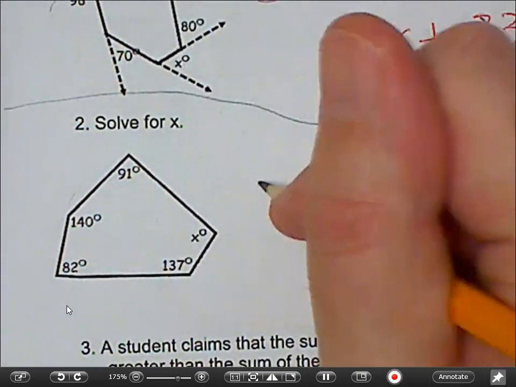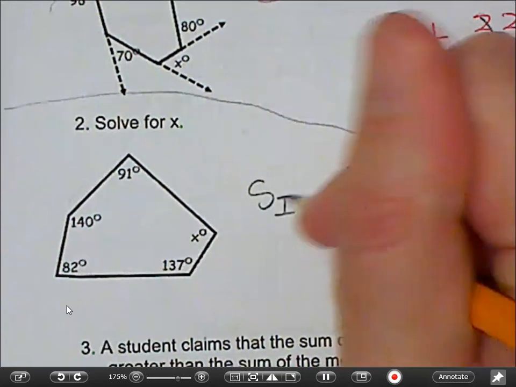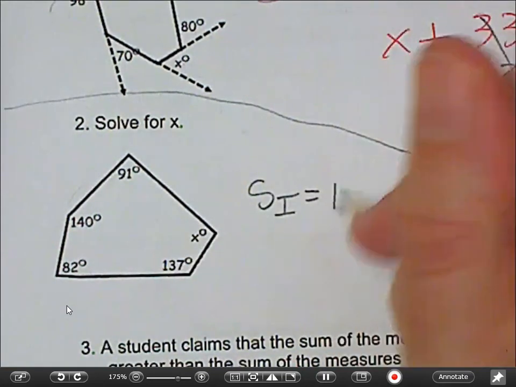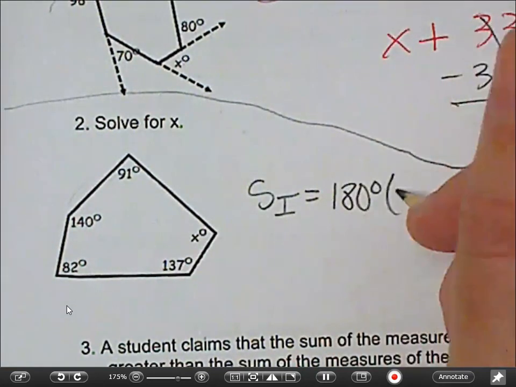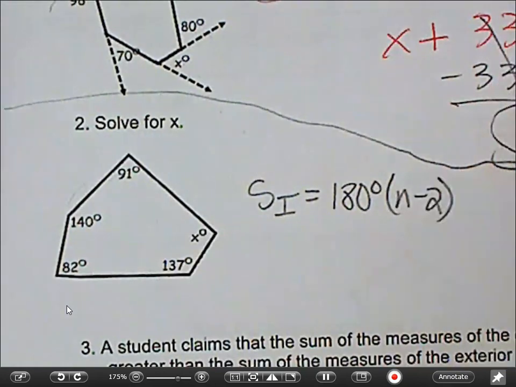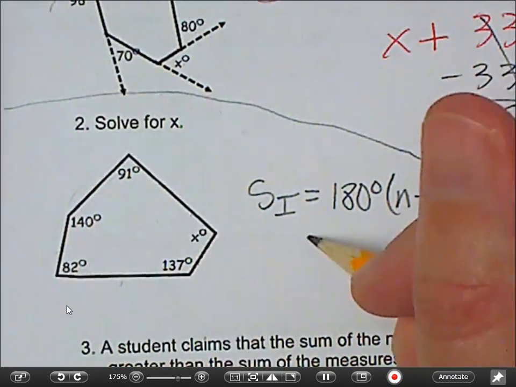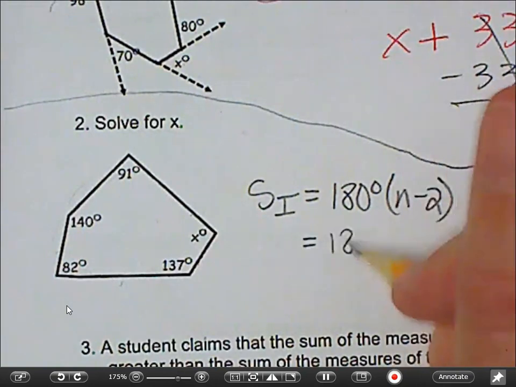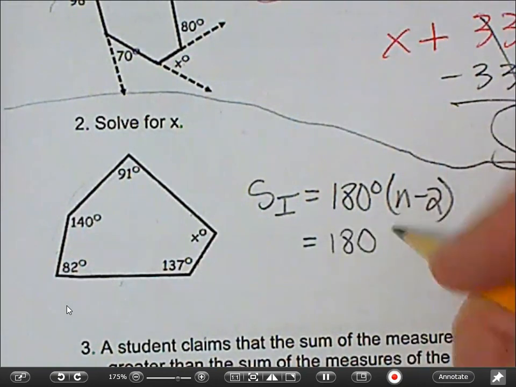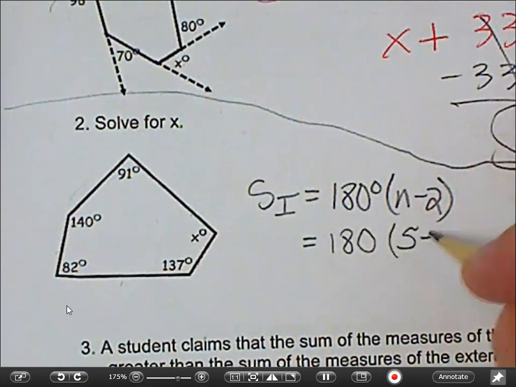We're going to use that sum of the interior angles formula, where we did 180 degrees times n minus 2. If you quickly count, 1, 2, 3, 4, 5. So this shape has got 5 sides, which means I'm going to do 180 times 5 minus 2.